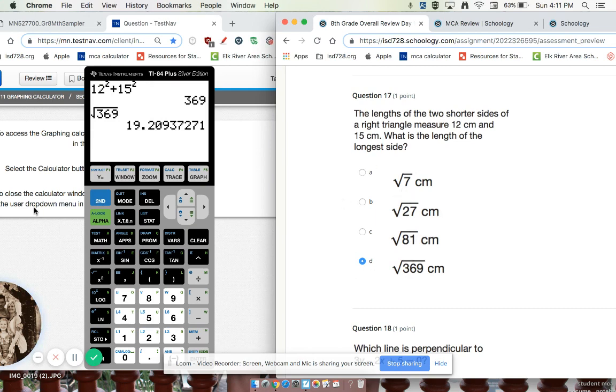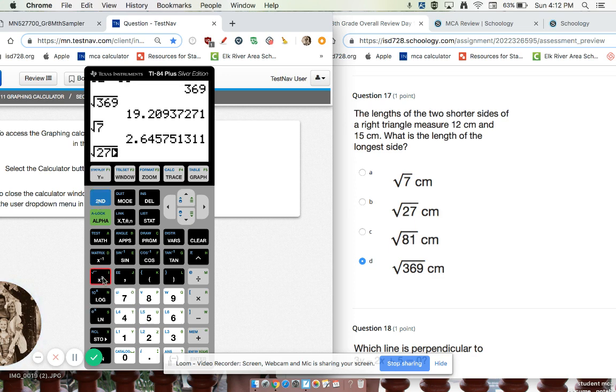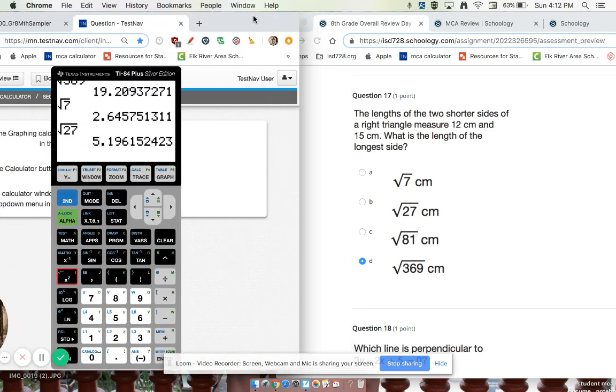Since they still have them in their radical form, you could do the square root of 7 and try to find the one that matches. That's 2.6. It doesn't match your 19.2. You could do the square root of 27, and that is 5.2, doesn't match your 19. The square root of 81, that's a perfect square, so that's 9, doesn't match your 19. So that's the other strategy that you could use.